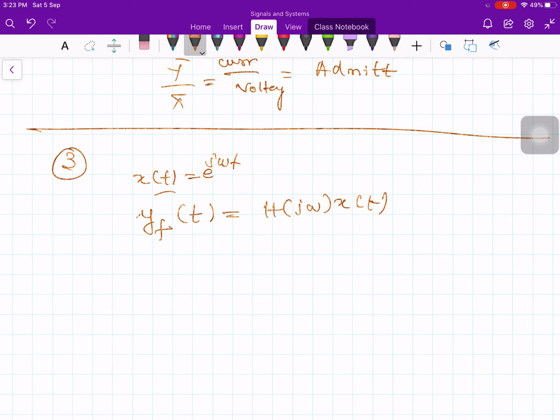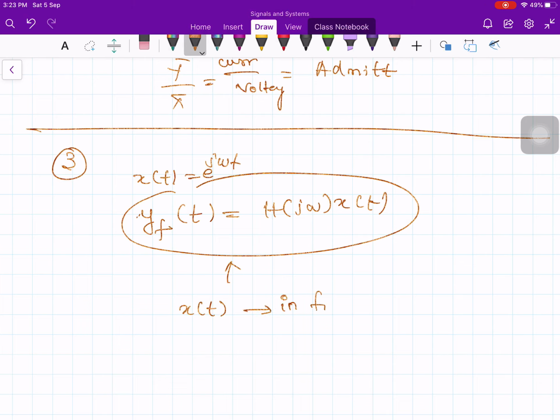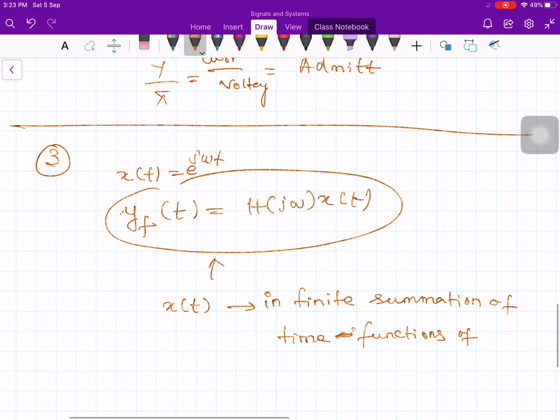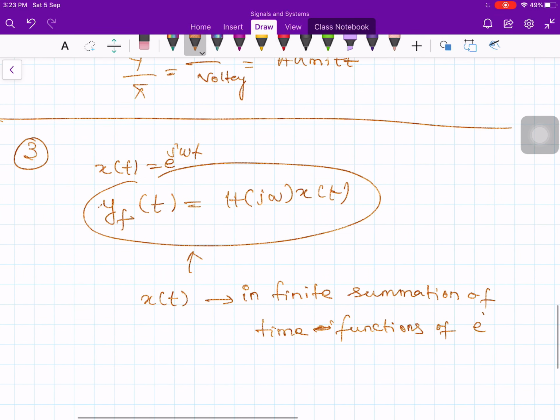This is a property that we are going to make use of in our Fourier transform theory, because we are breaking up any given x of t as the infinite summation of time functions. This point is very important. Time functions of what type? E to the j omega t. So this is what we really want to make use of.